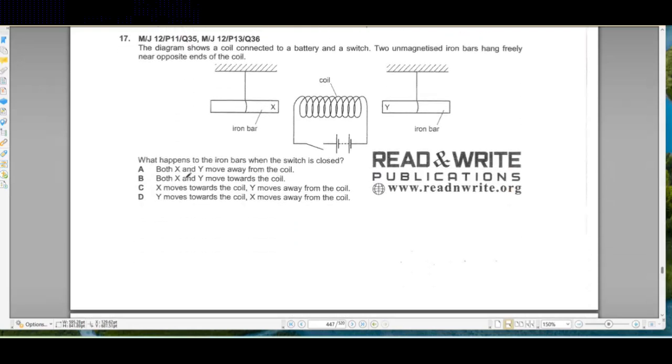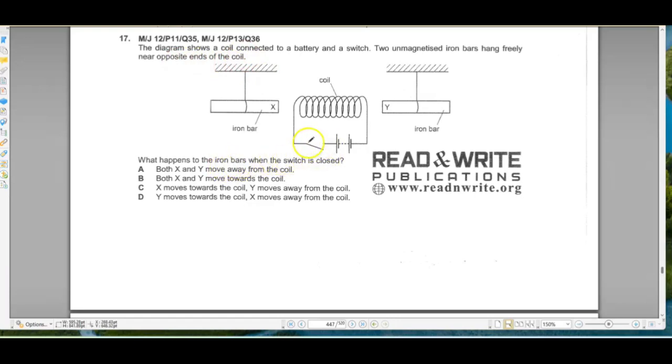Moving on to question number 17. The diagram shows a coil connected to a battery and a switch. Two unmagnetized iron bars hang freely near opposite end of the coil. Okay, what happens to the iron bar when the switch is closed?